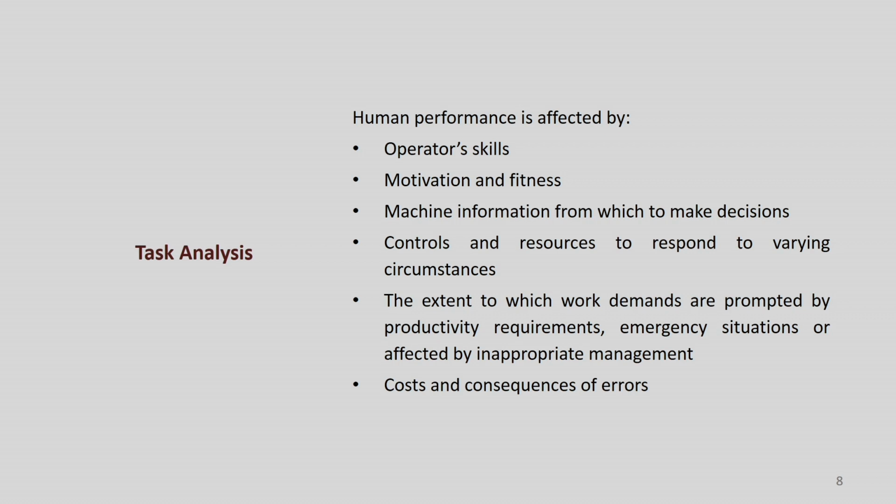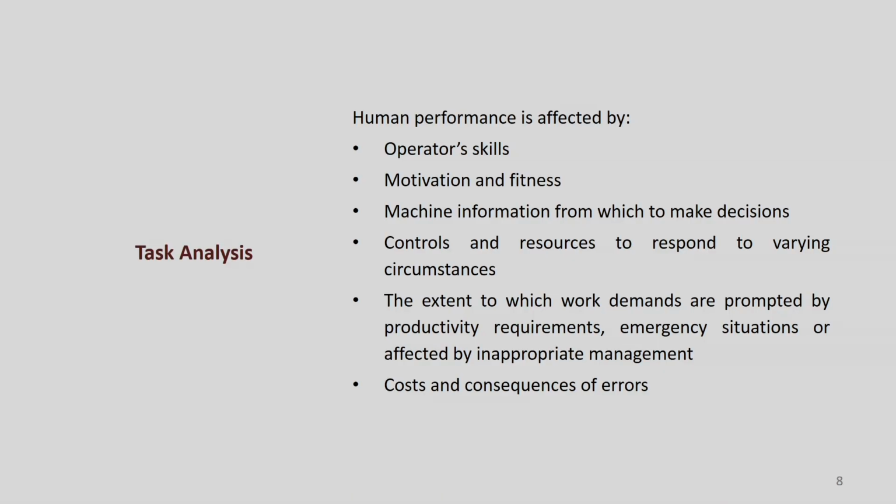When we are talking about the vacuum cleaner and cleaning the room, take operator skill. If I am a novice user, I may take a lot of time to do the arrangement or to use the instrument. So skill is very important, and based on the skill, my task analysis will change. The method and the process elements will be different.